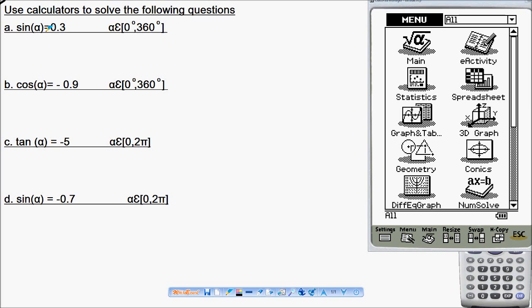Sine alpha is 0.3, and remember alpha is from 0 to 360 degrees, which is a unit circle, so we should have two answers.